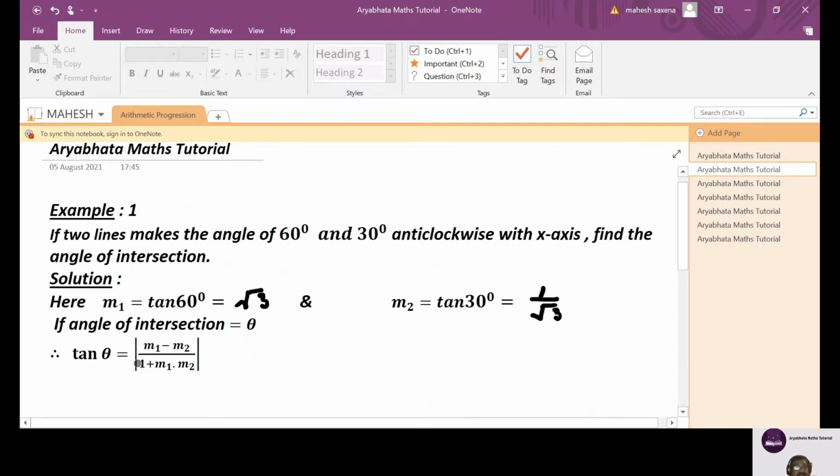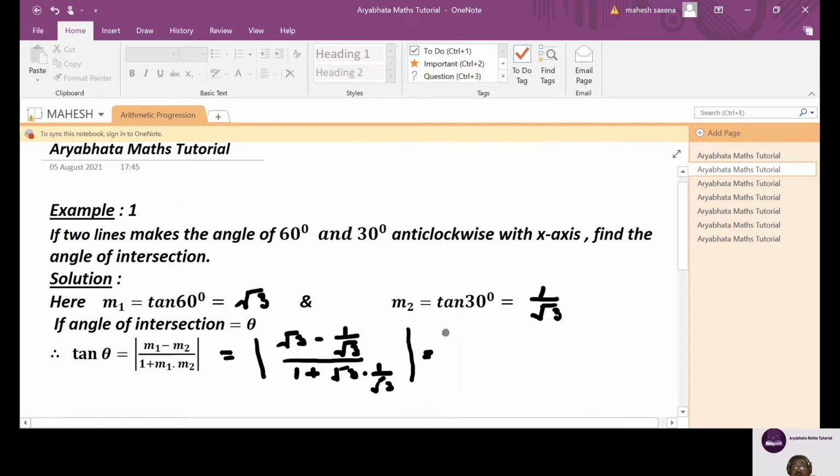Since tan theta, if theta is the angle of intersection, is equal to modulus of m1 minus m2 upon 1 plus m1 m2, that is equal to modulus of root 3 minus 1 upon root 3 upon 1 plus root 3 into 1 upon root 3.